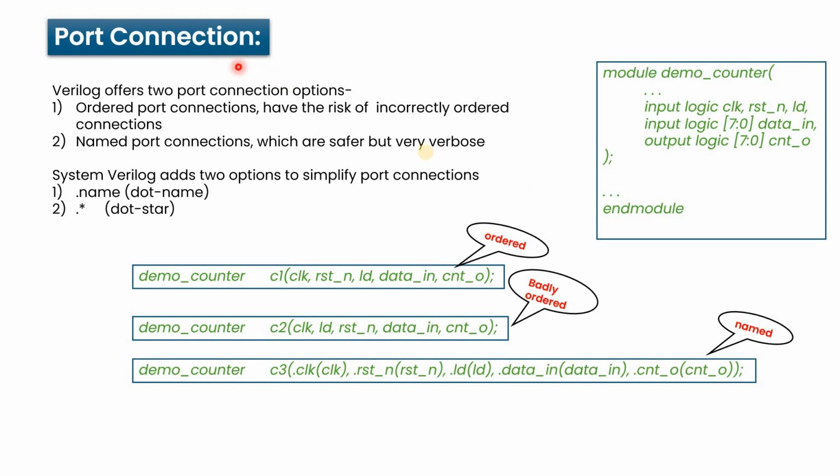So Verilog offers two port connection options: ordered port connections, but it has a risk of incorrectly ordered connections; and named port connections, which are safer but very verbose.